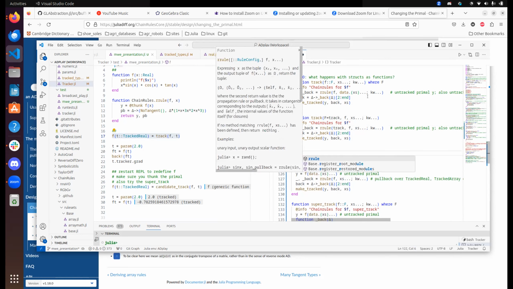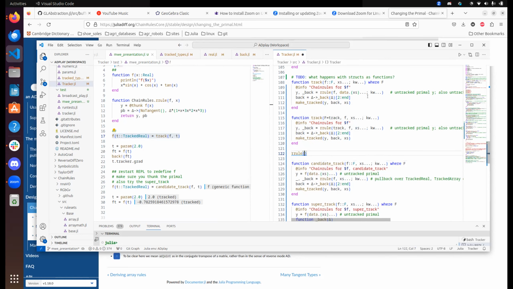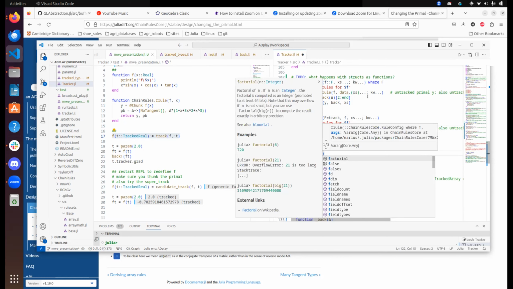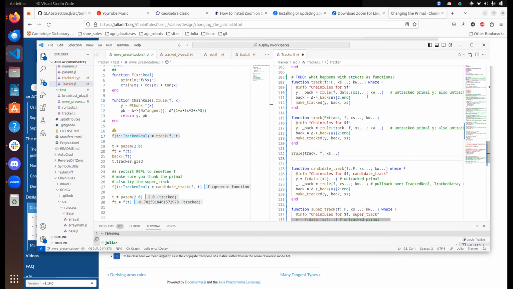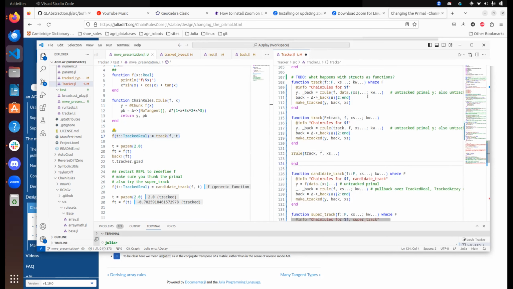I don't know what that looks like exactly, but that would keep the graph, right? That would make sure that no derivatives are being lost. You would track through the R rule, which is fine. And then basically you're differentiating through the R rule, whereas before with track, you are explicitly not differentiating through the R rule. You're letting the R rule be a primitive. If that makes any sense. Yeah.